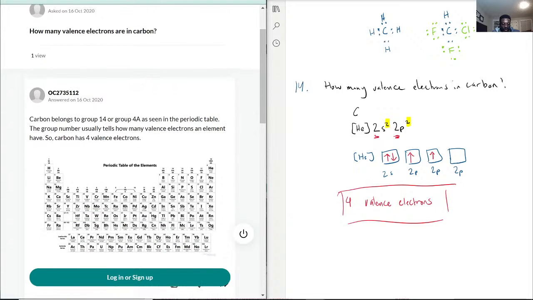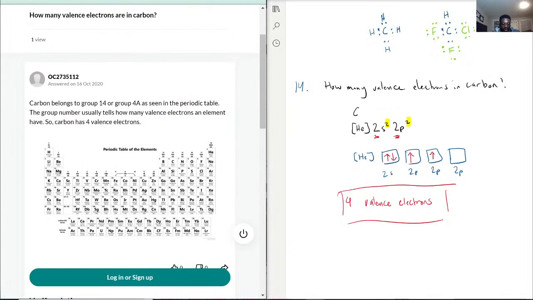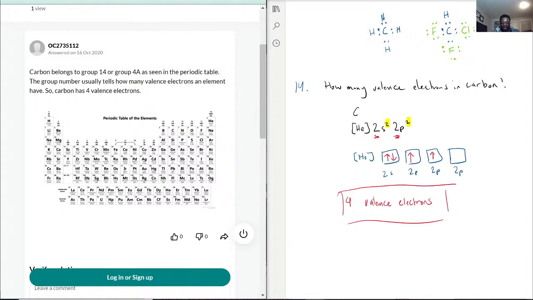So let's see, they went straight for the whole group number as well, which is also a good way to do it. When you get to a little more complicated stuff and start dealing with transition metals, determining the valence electrons can get a little bit hectic. So it's just good to always draw out either the electron configuration or the orbital notation that we did here.